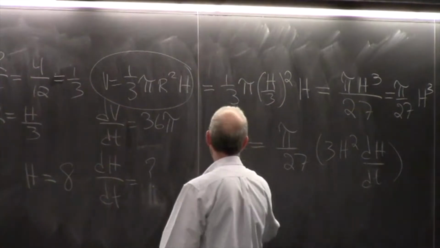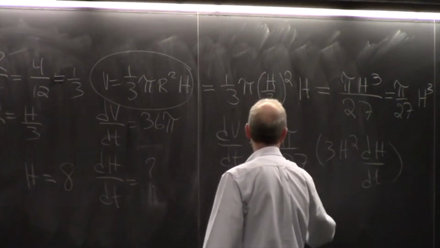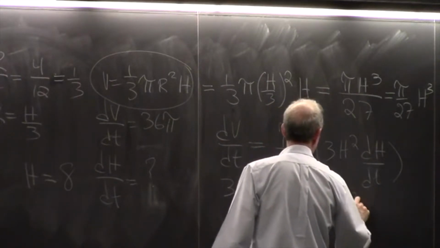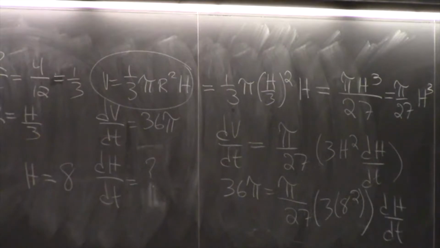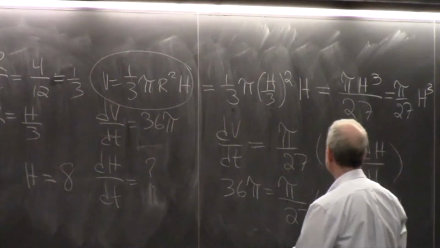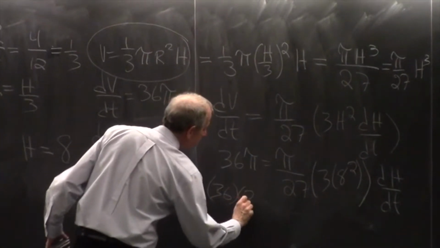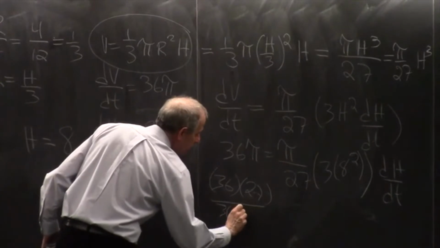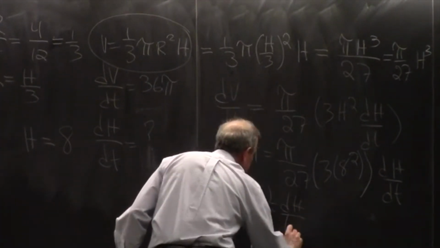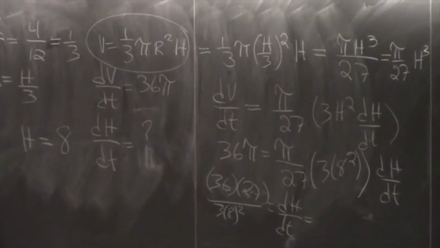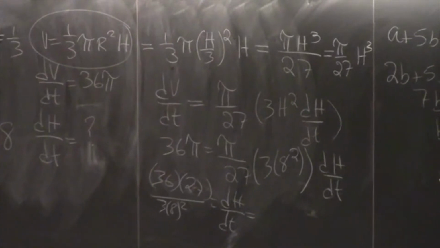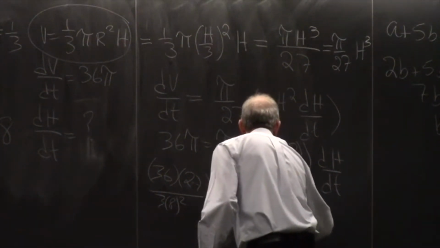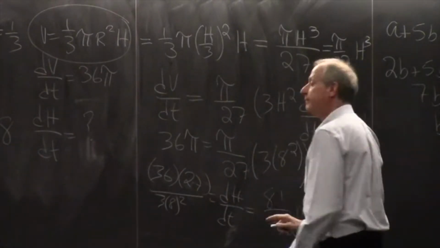So you get 36 pi equals pi over 27 times 3 times h squared dh/dt, and now you just have to solve for dh/dt, which is 36 times 27 divided by 3 times h squared. Which is 81 over 32 meters per minute.